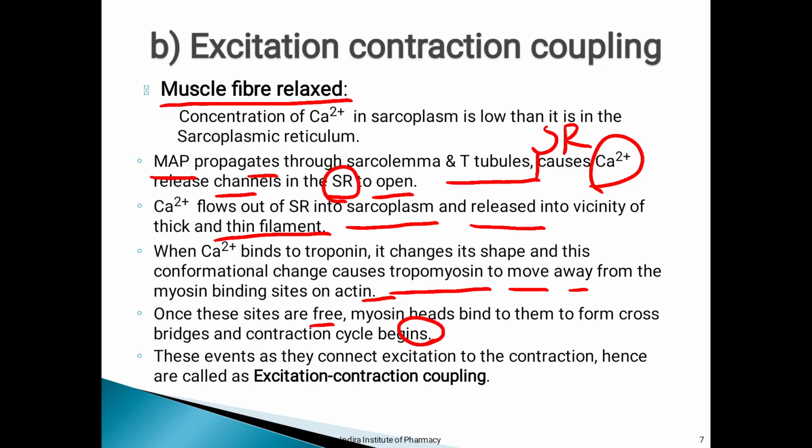So this event connects excitation to contraction, hence it is called excitation contraction coupling.